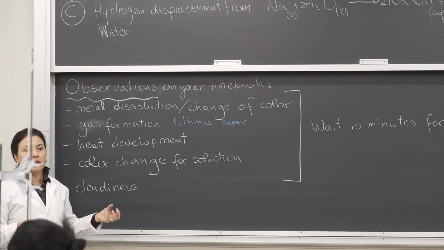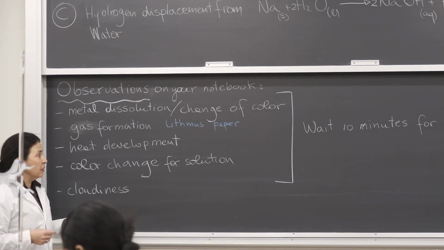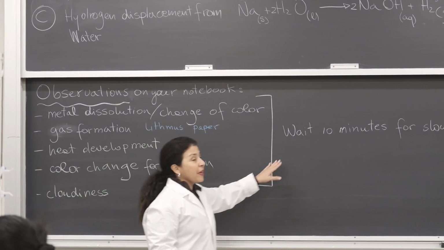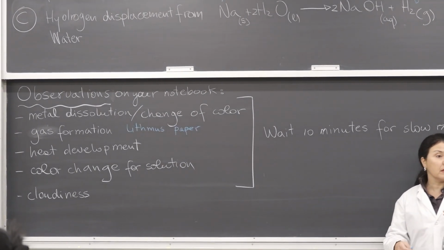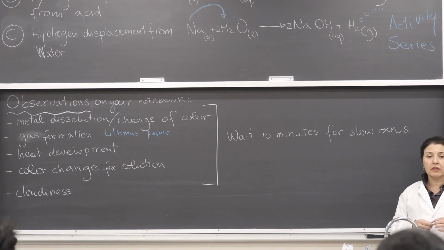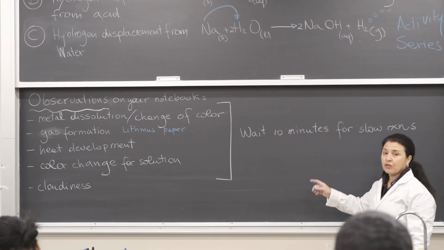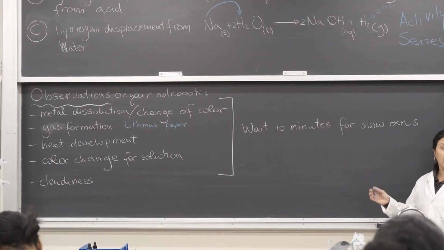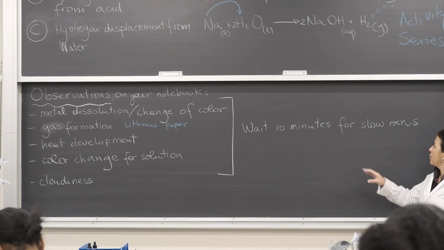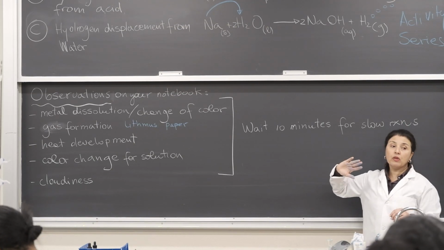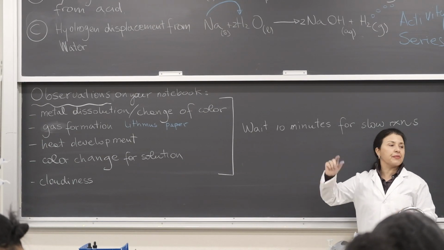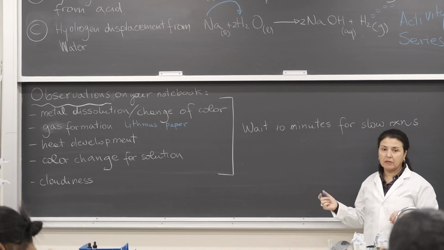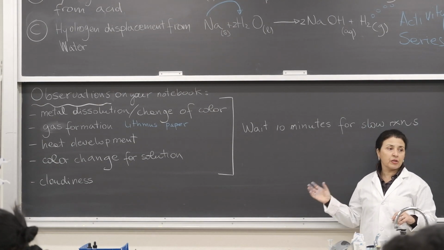Cloudiness is also a form of precipitation. Some reactions, depending on the activity series, might take place more slowly than others. So hold the test tube in which you have been mixing your solution, for the ones in which you don't see an immediate reaction, for 10 minutes to see if slowly something is happening. Okay? And then record your observation.